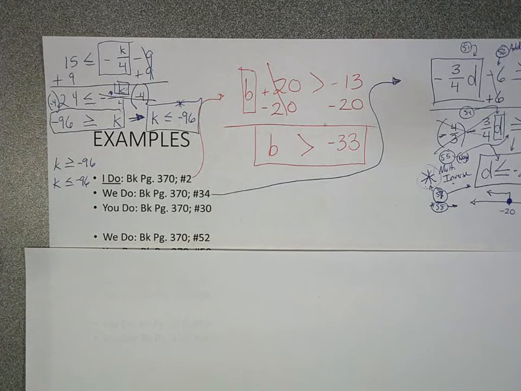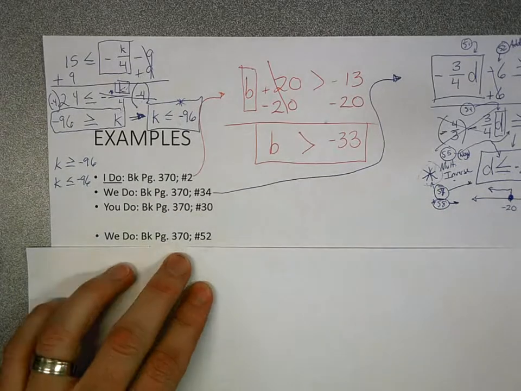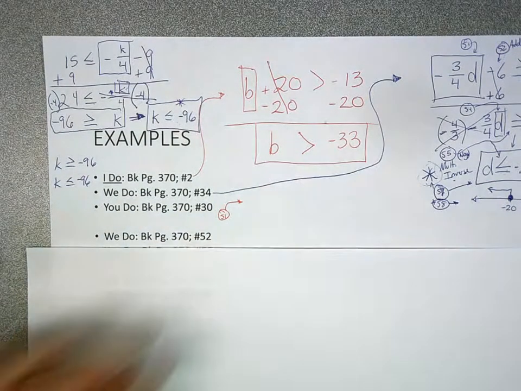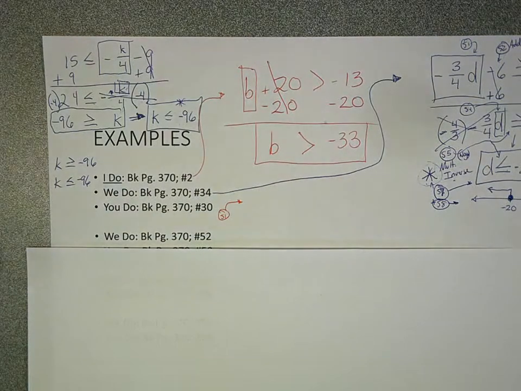Now we have a little bit of our writing expressions, writing equations lesson involved with this. If you look at 52, it says 12 less than a number is at most 20. Step one, a little bit from yesterday, is we have our variable on one side, compared to the number on the other.